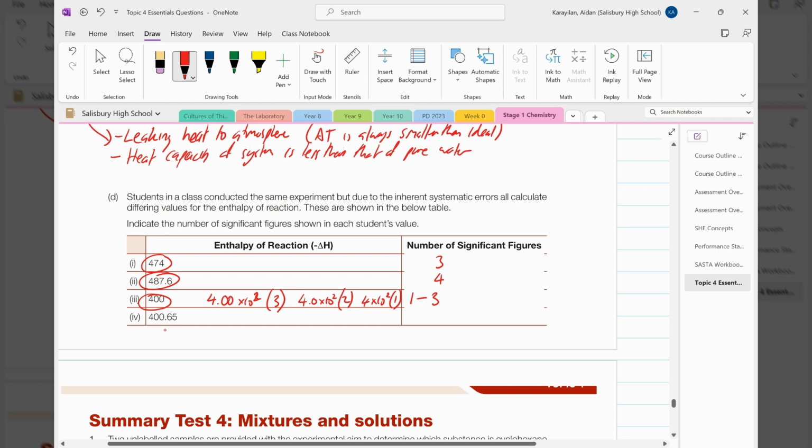And 400.65, every zero that is sandwiched between numbers is significant. So in this case, we have 5. So 400.65 is just as significant as 411.65. So we have 5 significant figures there. Cool. Hopefully that helps, like usual. And let me know if you have any questions regarding this stuff.